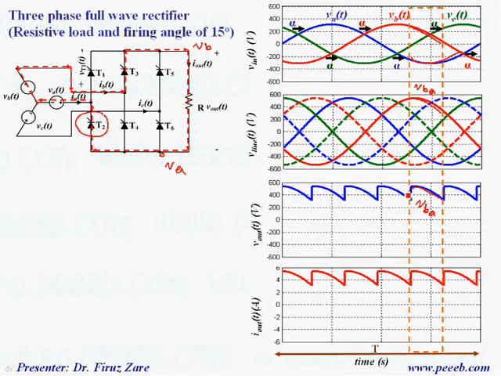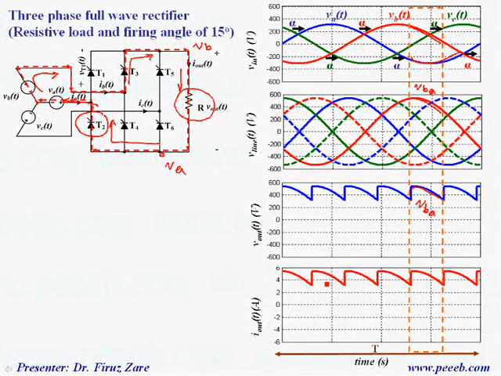Here we can see that the current loop is through T3, through the load, back to T2, back to phase A, and then back to phase B. We can find the load current as well, because we have a resistive load.